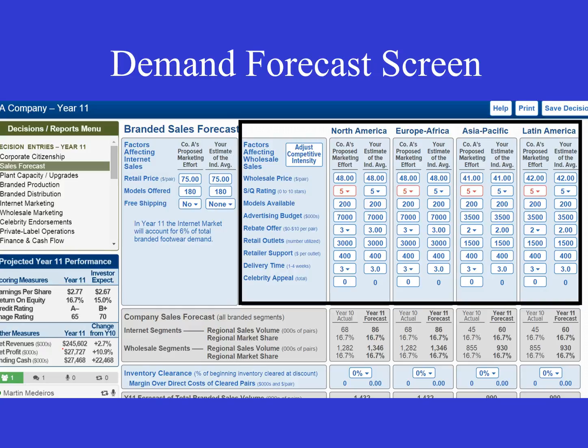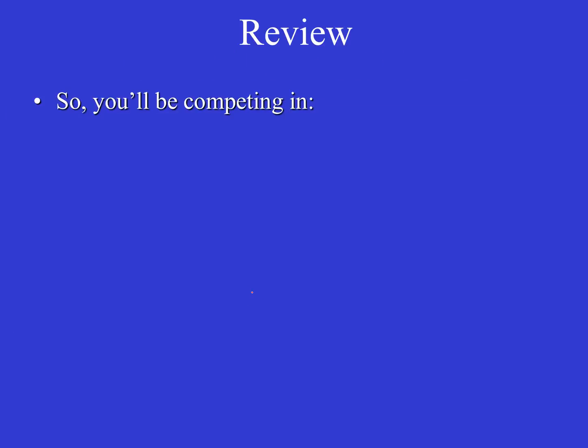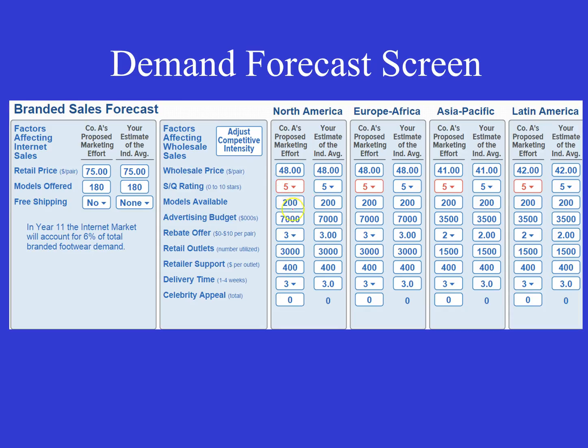So let's look at this. Let me focus on this for a second. Again, let's look at North America. On the right hand side, this is your product, and it shows all of the different measurements for each of the different determinants of demand.